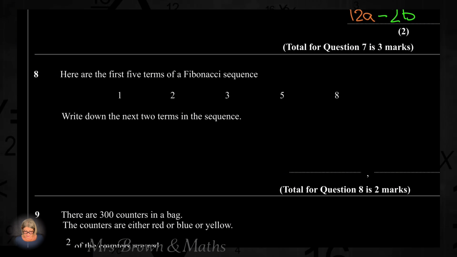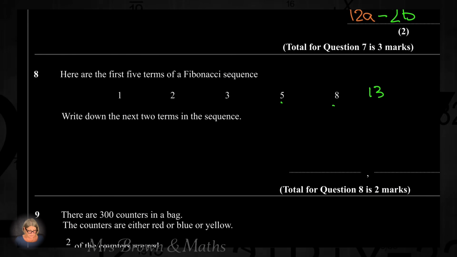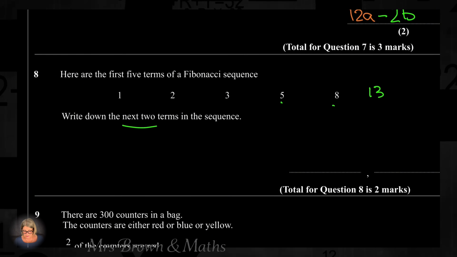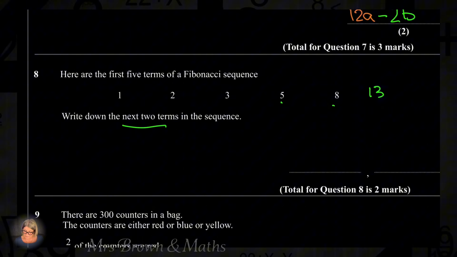In our case, next term will be 5 plus 8 will be 13, but we need next 2 terms. So 8 plus 13 will be 21.